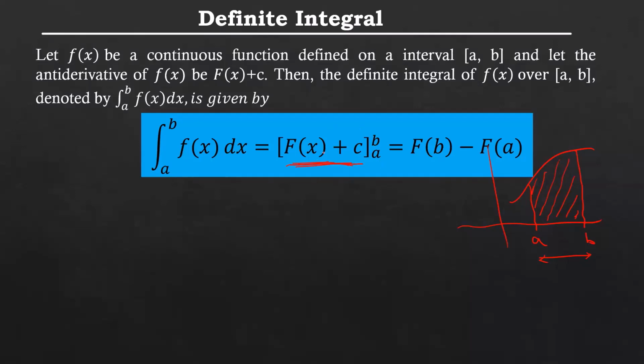First you put the upper limit, that means f of b plus c, minus you put f of a plus c. So the two c's will be eliminated. That's why the definite integral will not contain any constant. You will get the term f of b minus f of a.